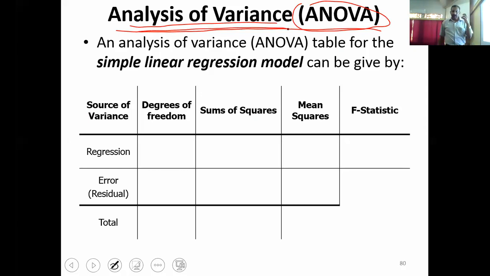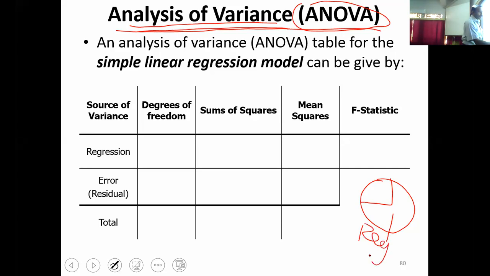So this is how the variance can be partitioned. Part of the total variation can be explained due to regression, and the remaining part is unexplained, which is called error.